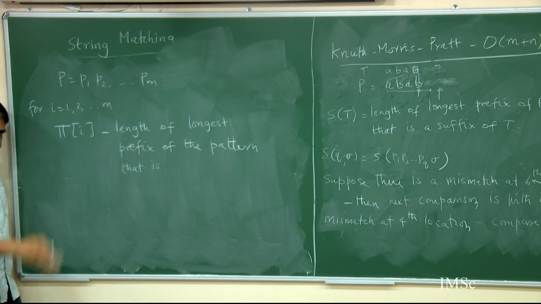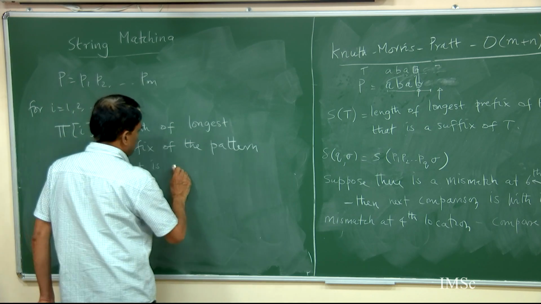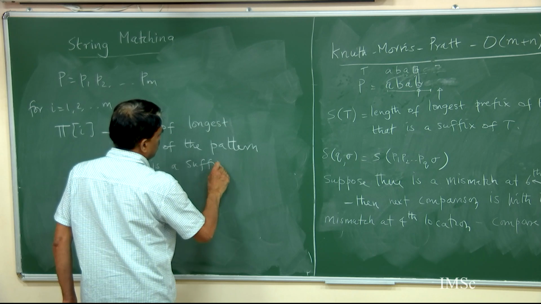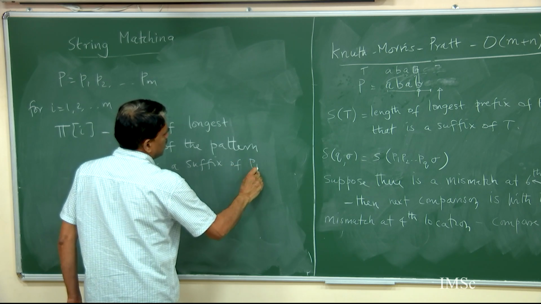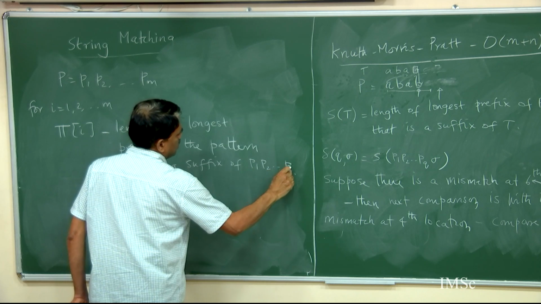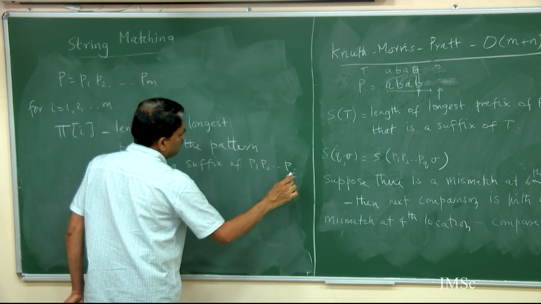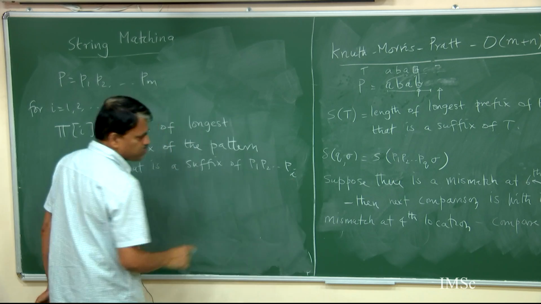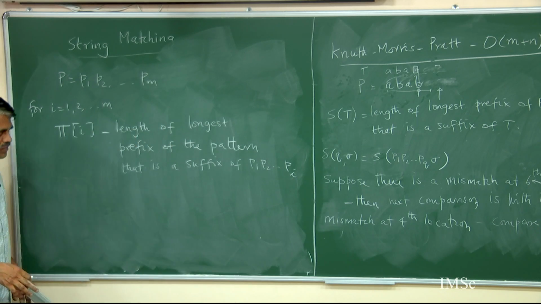and at the I plus first location I am getting a mismatch. Now, how much do I shift, right? And this is exactly how much of the suffix of P1 to Pi, that is a prefix of the pattern. If I have matched P1 to Pi up to this point, now at the I plus first location there is a mismatch.